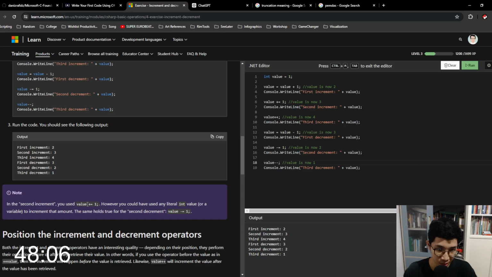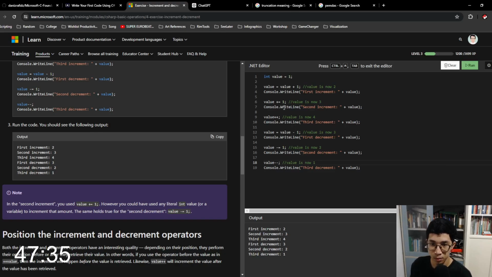In the second increment, you use value plus assignment, addition assignment 1. However, you could have used any literal integer value or a variable to increment by that amount. The same holds true for the second decrement, value minus assignment 1. Okay, I see.